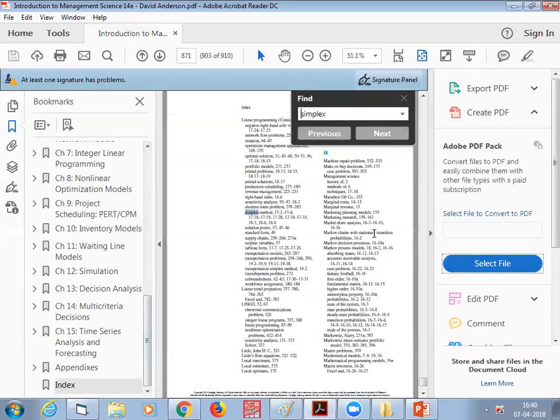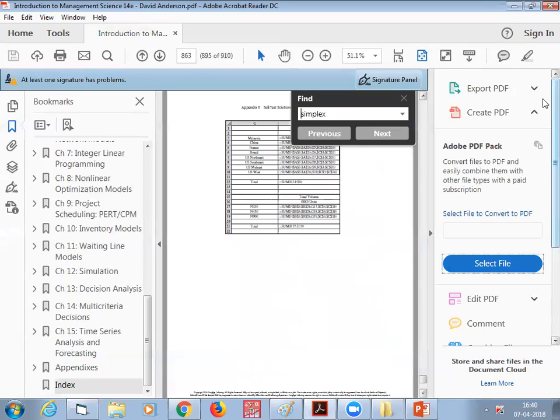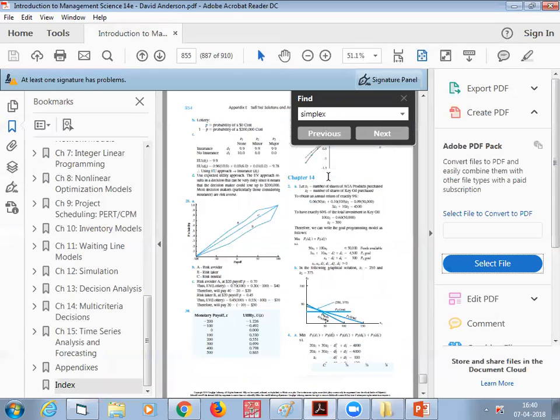Where is it? 17 to 17, 17. What is 17 to? It says that it has it. Seventeen to, yeah, that's what.